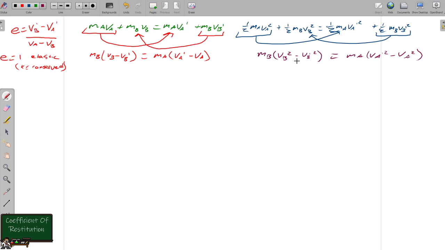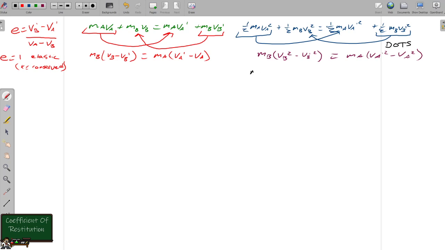So now what I have here, VB squared minus VB prime squared and VA prime squared minus VA squared, we can use the mathematical identity, difference of two squares, to factor these two things.